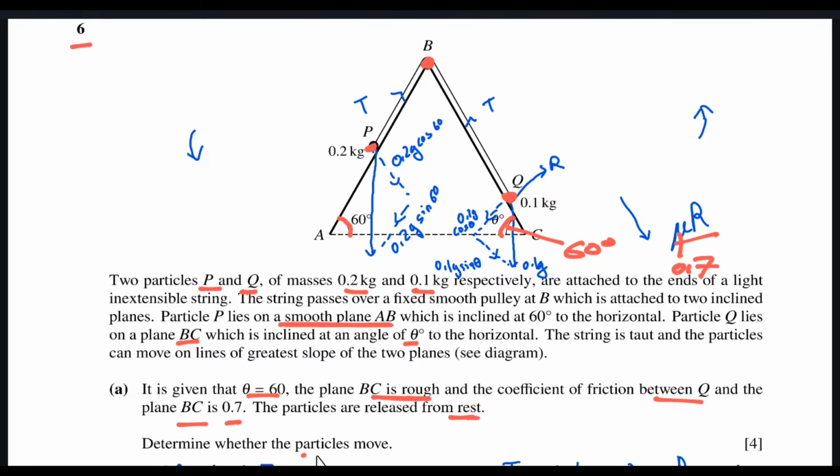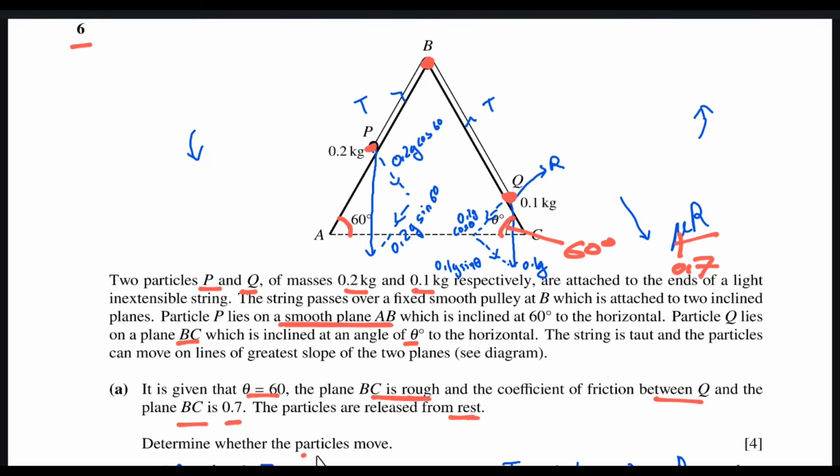Let's suppose the particles move. The 0.2 kg particle has a larger weight, that means a larger mass, so it would move downwards due to its weight, and particle Q would move upward. Since there is friction on this plane, that is mu R, and the object is moving upward, the friction would act downward.